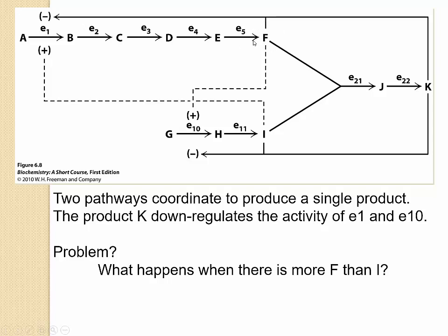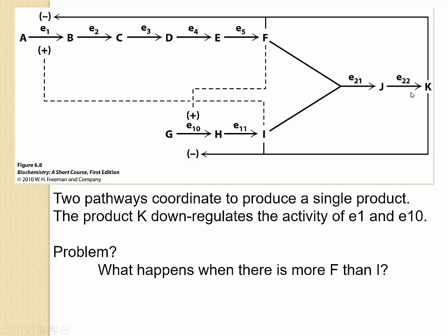So the amount of F being made lowers. I will then catch up because the amount of F being made is slowed down, and since we have an overabundance of F, if we follow this dotted line here, we see it activates enzyme number 10, which will promote the formation of I. So if F is in overabundance, the creation of F slows down, and the formation of I speeds up in an attempt to restore the balance of F to I.